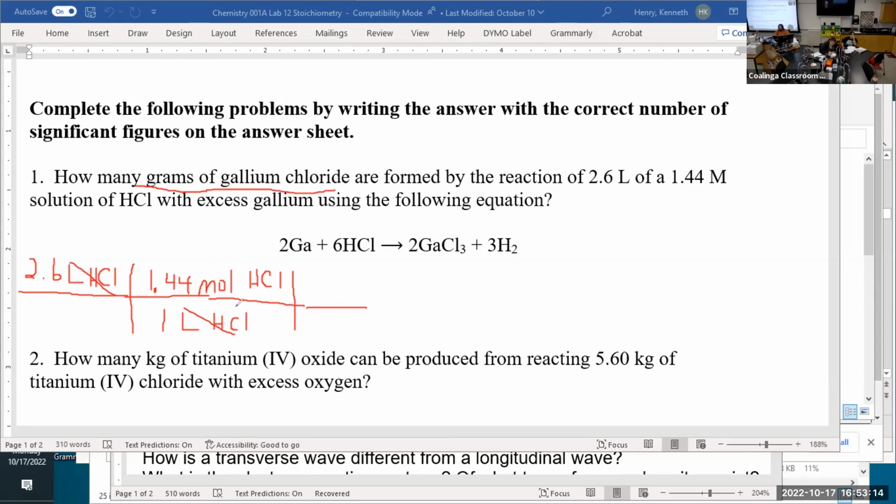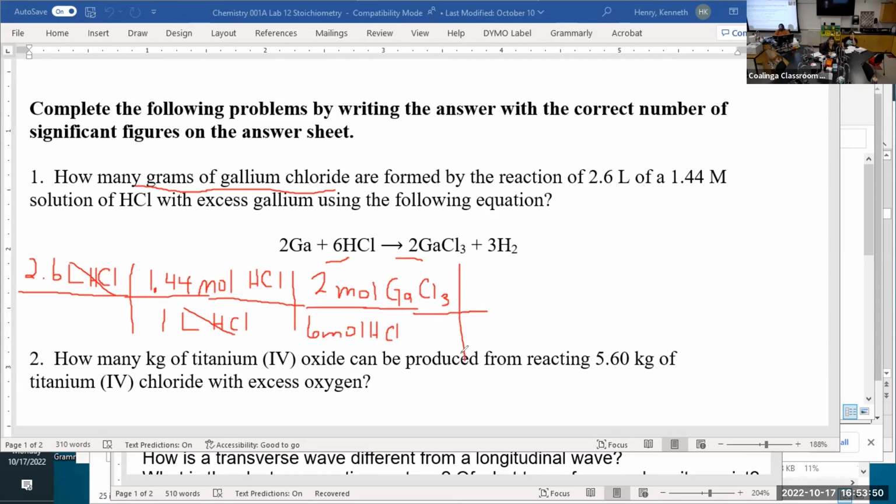My ratio of HCl to gallium chloride is 6 to 2. So for every 6 moles of HCl, I'm going to end up with 2 moles of gallium chloride.